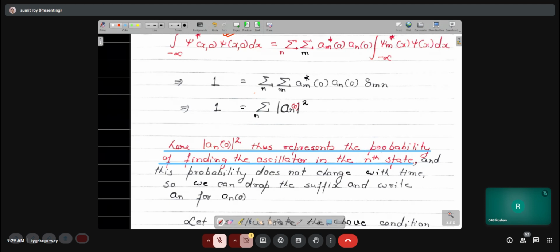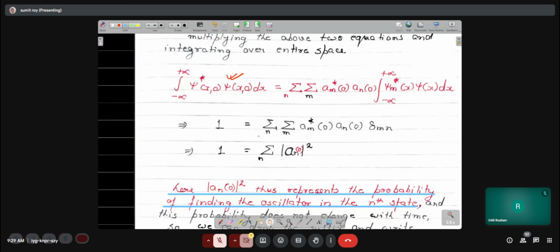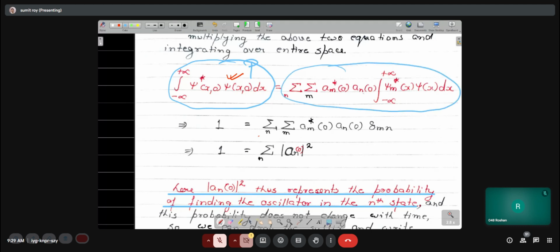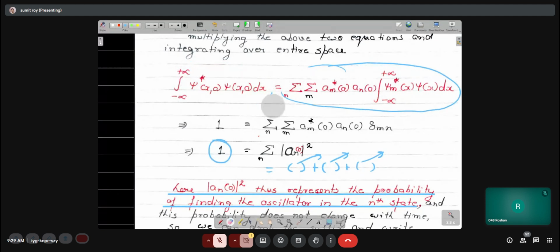Why probability? Very easy. यहाँ देखो तो ये left hand side probability था क्या? Yes, sir. तो right hand side भी probability होगा. अगर ये probability है और ये कुछ terms का summation है तो each term will represent probability. Then only the principle of homogeneity will hold.